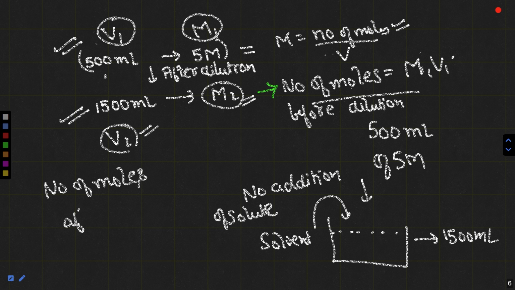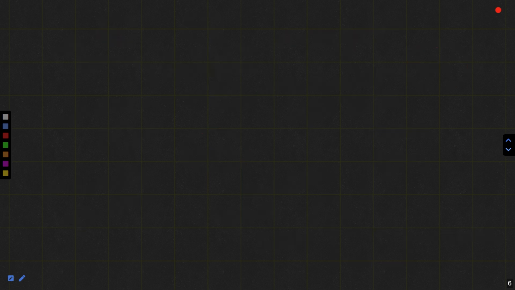So the number of moles after dilution will be M2V2. Does anyone have any doubt in these two terms, M1V1 and M2V2? Yes, Riya, you are telling it right. Now since the number of moles is equal, we can say that M1V1 equals M2V2.